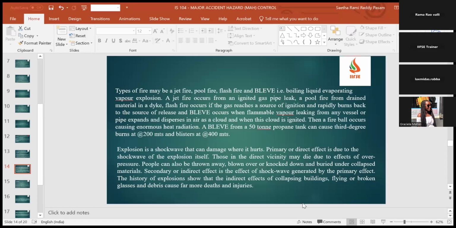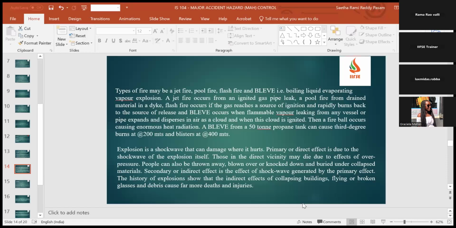And also BLEVE occurs when flammable vapor leaking from any vessel or pipe expands and disperses in the air as a cloud, and the cloud is ignited. So in a BLEVE, the escaped gases of flammable mixture go to the atmosphere. Then, if an ignition source is available at that time, it can explode.